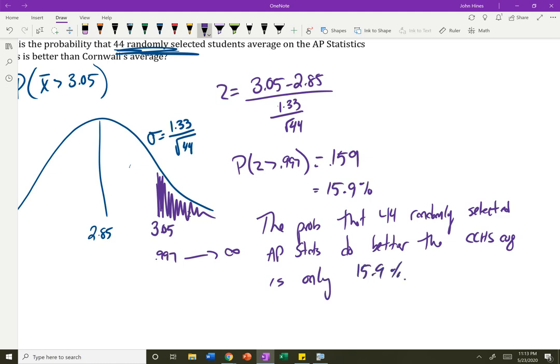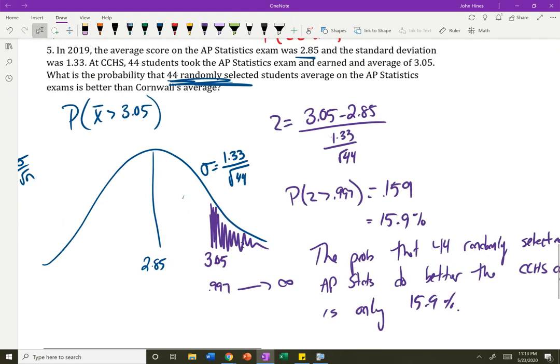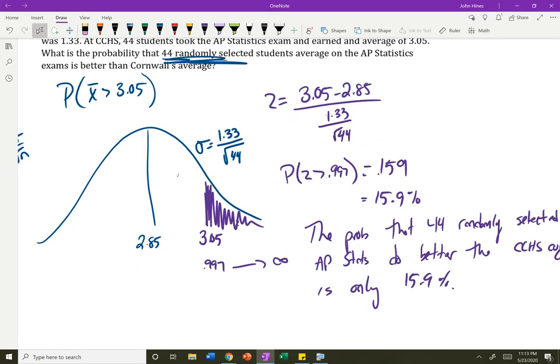Now, it's not unusual, but it's not an unusual outcome. We don't have evidence to say that Cornwall's scores are really, really high and really above average. What we're saying here is that the probability that a random sample of 44 kids does better than our 44 kids happens about 16% of the time. So we did much better than other schools based on our average compared to their average.